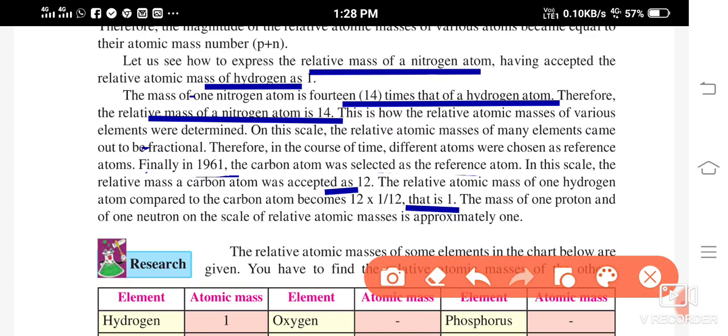So if you compare the carbon atom with the hydrogen atom, it is 12 into 1 by 12, that is 1. So the mass of one proton and one neutron on the scale of relative atomic mass is approximately 1.